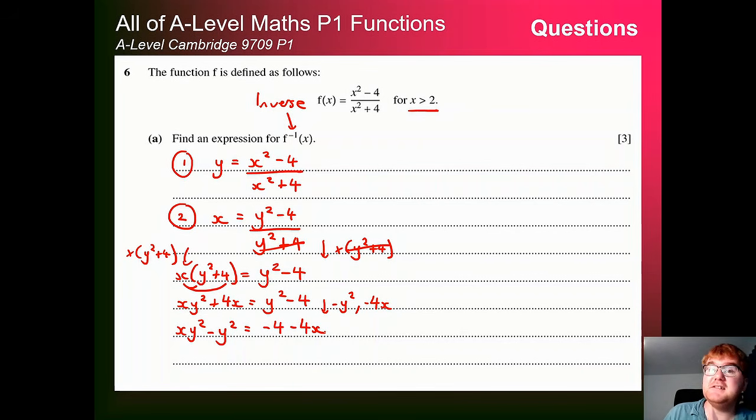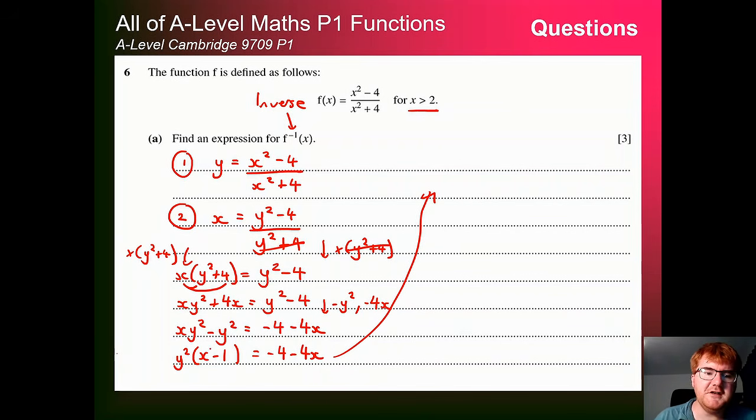And this is the second step that people often forget, which is we're going to factor out this factor of y squared. So we're going to have y squared outside and then work backwards. So what do you multiply y squared by to get xy squared? That's going to be x. What do you multiply y squared by to get minus y squared? That's just minus 1. And keeping this the same over here.